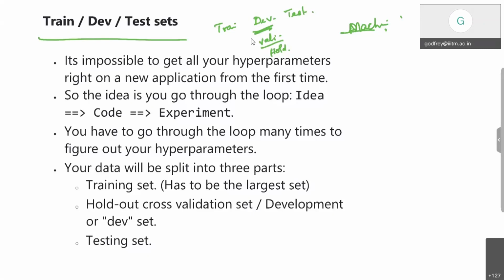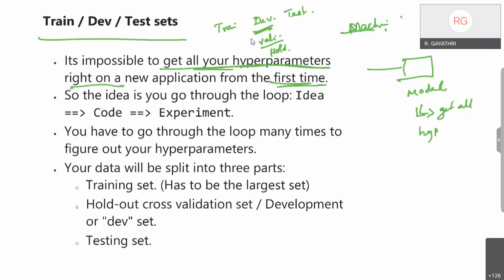In general, once you select a model, you cannot get all the hyperparameters right the first time.